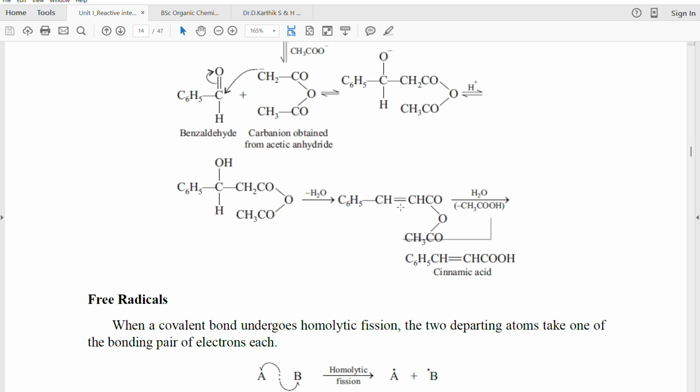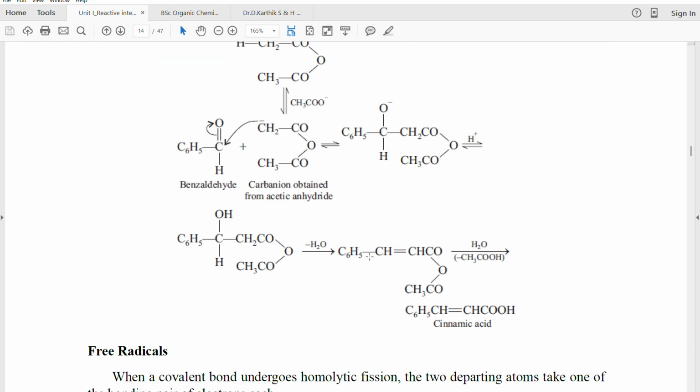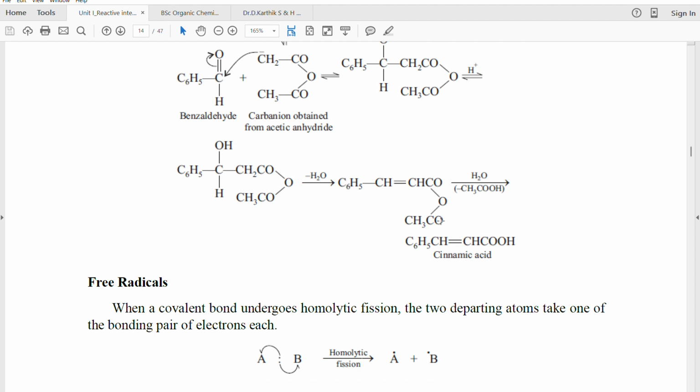Okay, so the reaction will happen again, kind of a cycle here, and then there is removal of water from the OH here and one hydrogen from here. So when you remove water from these two, you will have a double bond here. Once the double bond is formed, then with water this anhydride group will be hydrolyzed and you will get a carboxylic acid group here. So finally you will get cinnamic acid as the final compound.